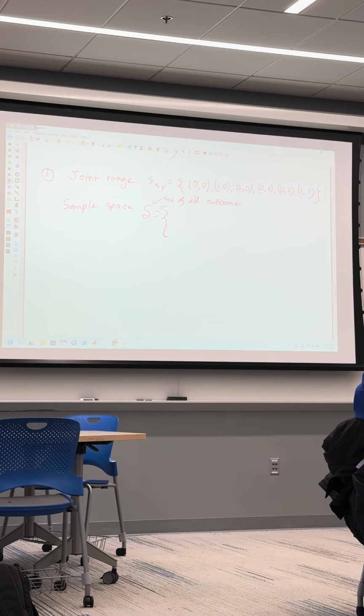This sample space is basically N, which means no packet arrived in input port number 1. So no packet arrived in input port number 1, and a packet arrived in input port number 2 can go to output port number 1. Okay. So no packet can arrive in input port number 1, and another packet can arrive in input port number 2, but that can go to output port number 2.